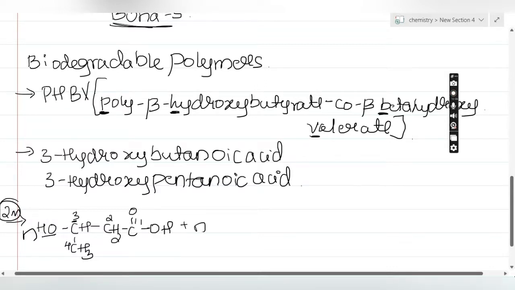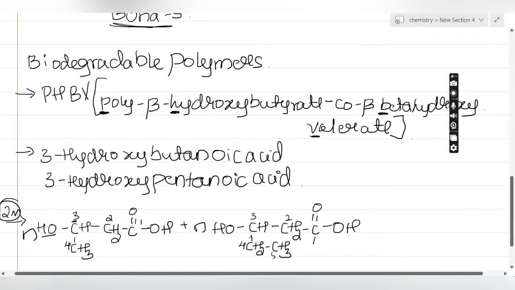Now I am taking n molecules of 3-hydroxy pentanoic acid. Here also OH, CH, CH2, CH3, CH2, C double bond OH. Here also you can notice this is carbon number 1, 2, 3, 4 and 5.